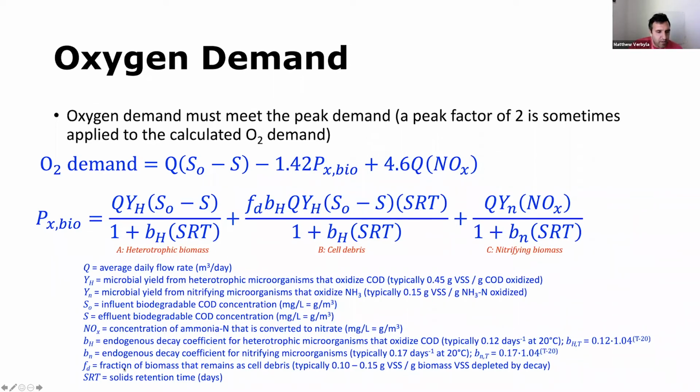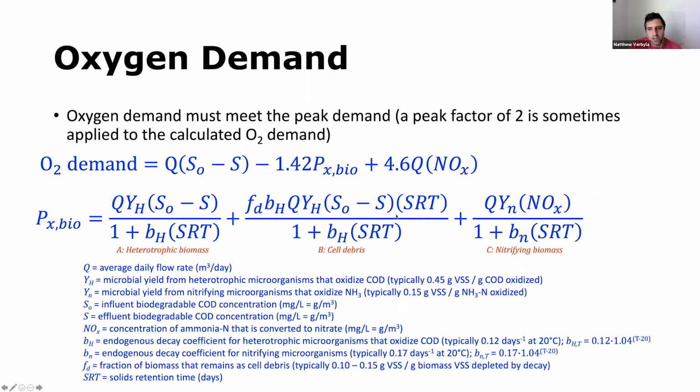The fraction of biomass, F sub D, which remains as cell debris, is usually assumed to be between 0.10 and 0.15 grams of ESS per gram of biomass depleted by decay. And the last term here, SRT, is the solids retention time in days.